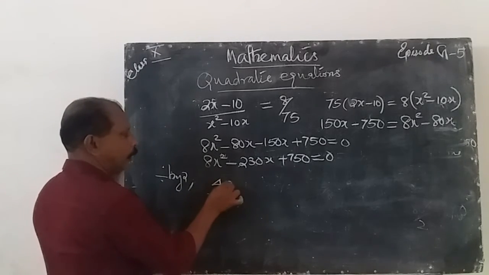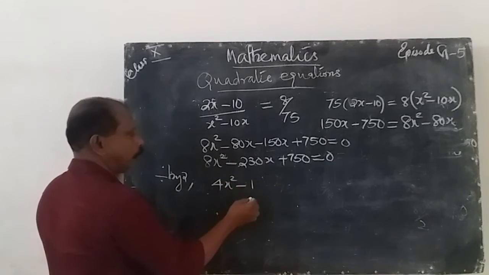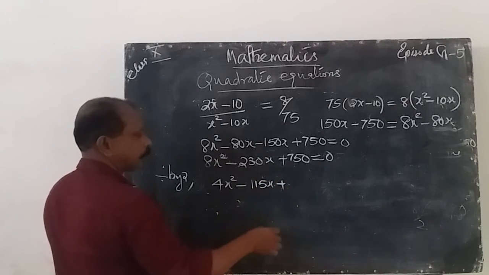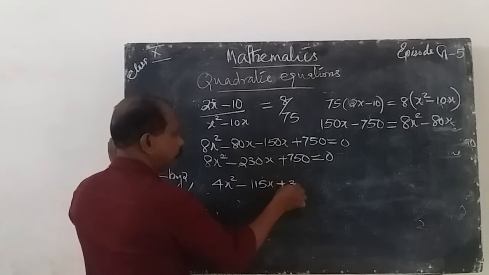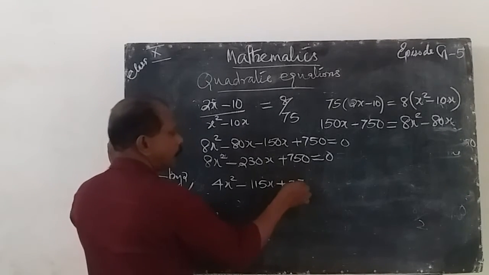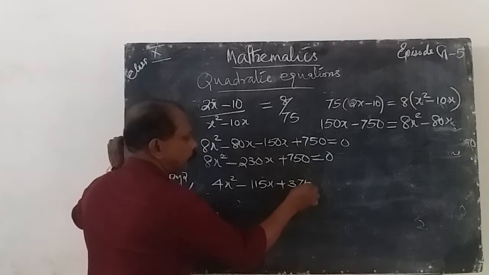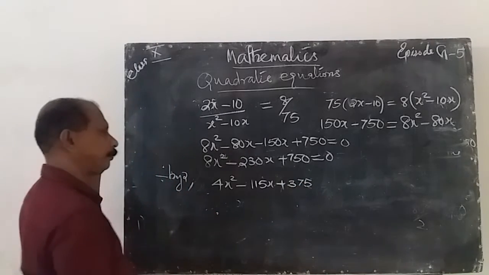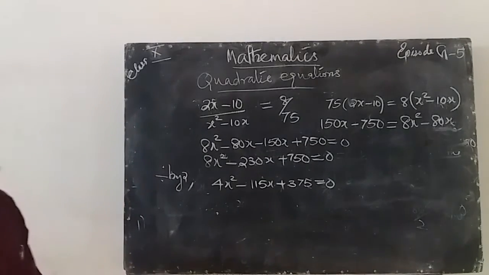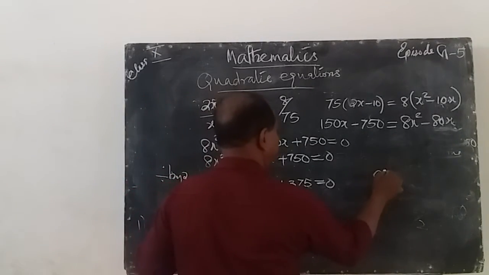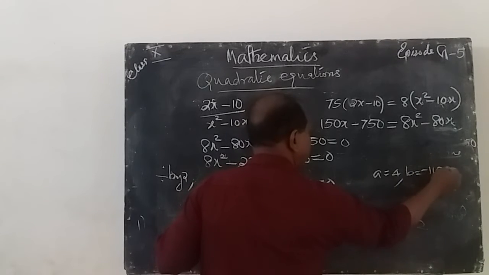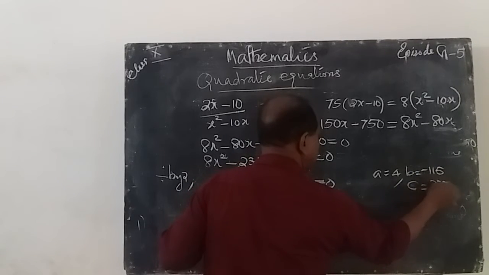That is 4x square minus 115x plus 375 is equal to 0. That is a quadratic equation. A is equal to 4, B is equal to minus 115, C is equal to 375.